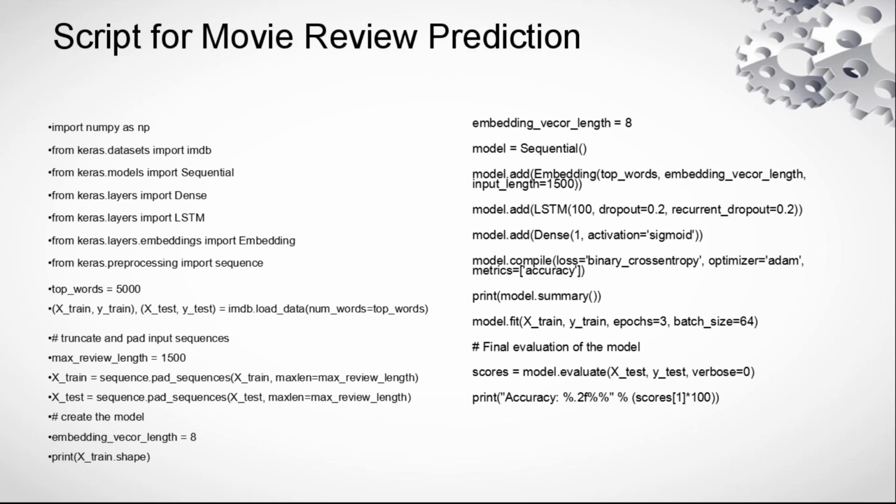Now coming back to the code, you can see that I have fixed my embedding vector. So what exactly does embedding do? Imagine there's a high dimensional space where you try to convert your existing data into multidimensional data.